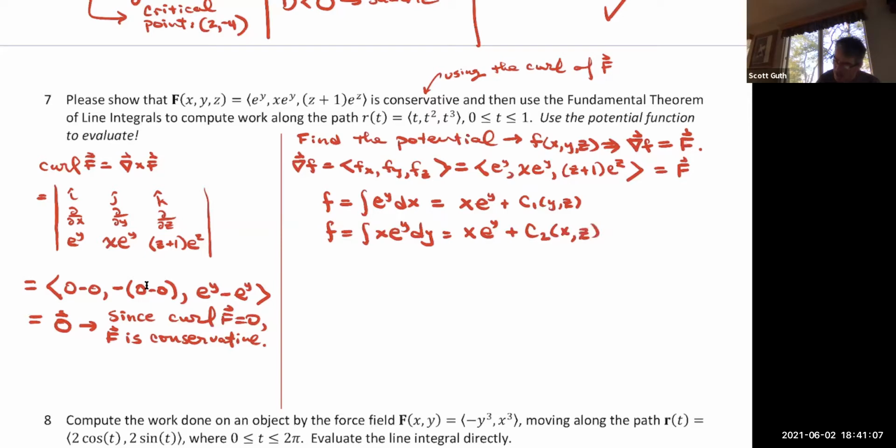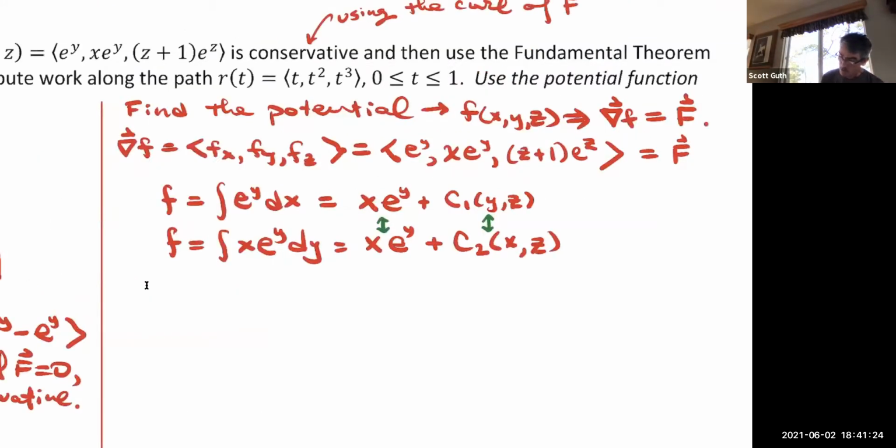And these obviously pair up pretty nicely. If you think through the logic, C1 and C2 have to be the same. C1 doesn't have an x, so C2 cannot have an x. So C1 and C2 have to really just be functions of z. C2 doesn't have a y, so C1 can't have a y. That's kind of the logic there.